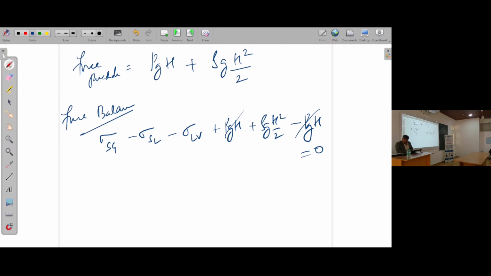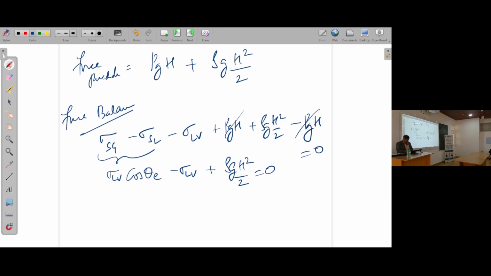If you look at sigma SG and sigma SL, if I use the contact line formula, I'll be getting something like sigma LV cos theta e minus sigma LV plus rho g h squared by 2, equal to 0. The reason I'm doing this is I want to find out what h is.